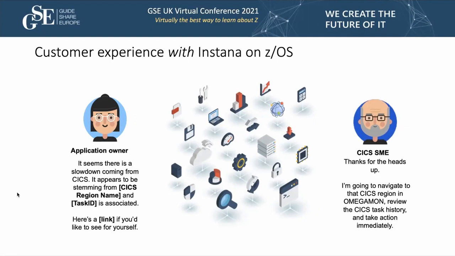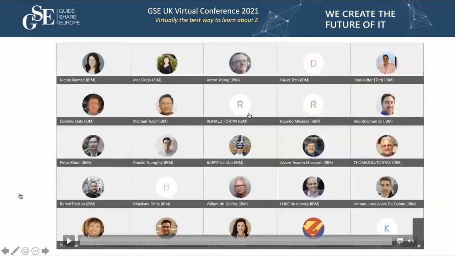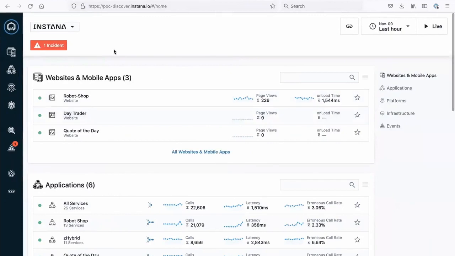So with that, I am going to do a quick demo of Instana and show you some of the mainframe details. So fingers crossed this goes okay. So hopefully now you can see this is the front page of Instana, one of our demo systems.